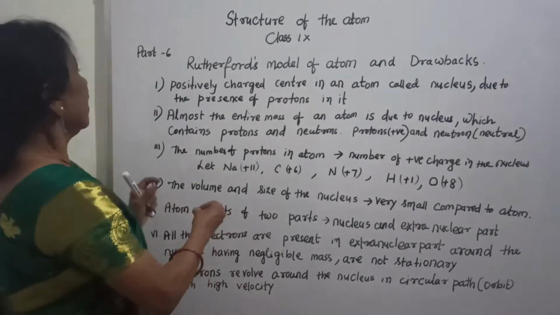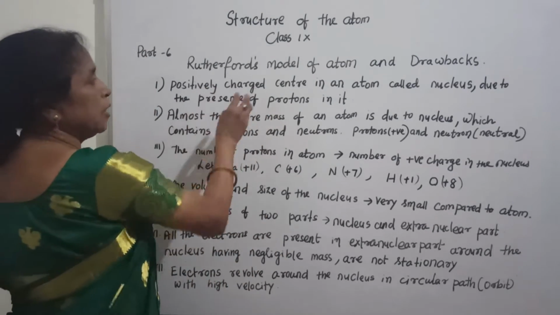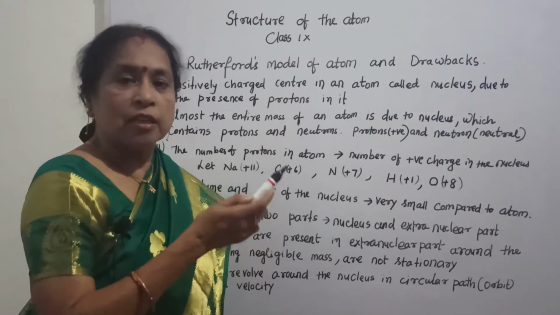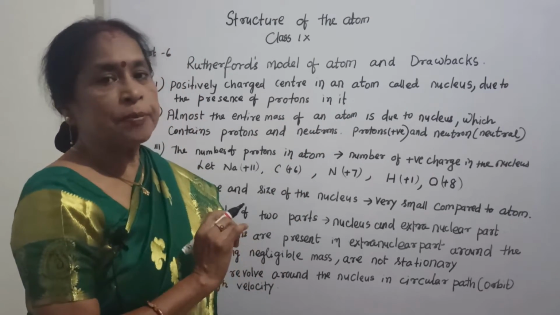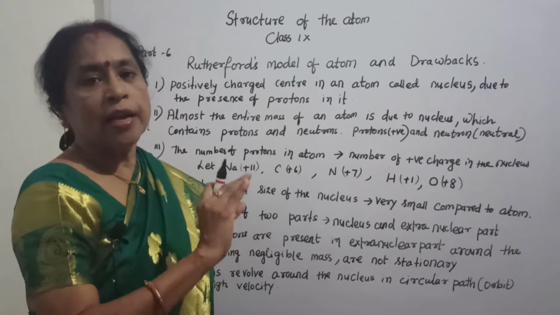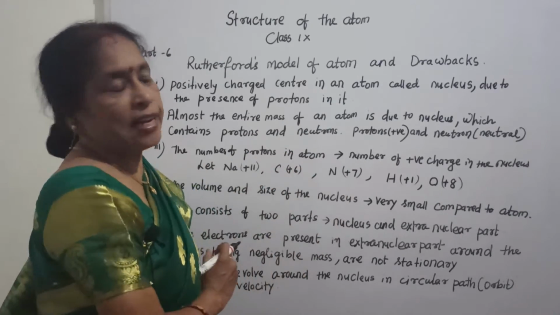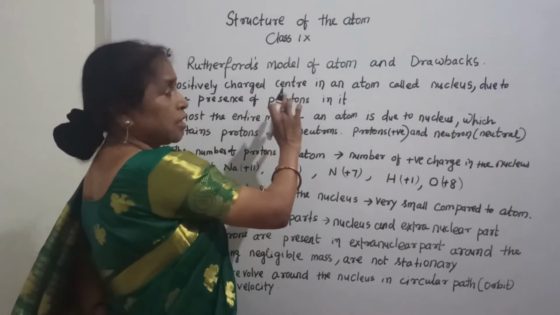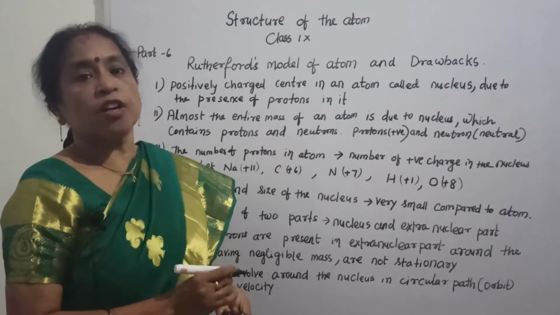That is why it is sure that a positively charged center is present, because the alpha particle is also positively charged and the center is also positively charged, so it rebounds at 180 degrees. So the positively charged center in an atom is called nucleus.